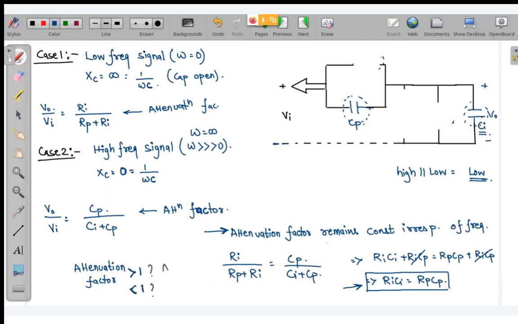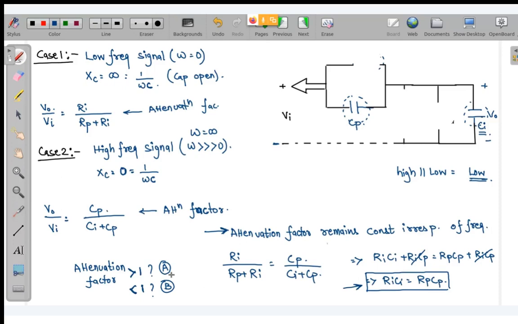Option A, option B. Greater than 1 or less than 1? It is less than 1. Yes, very good. Attenuation factor should be less than 1.